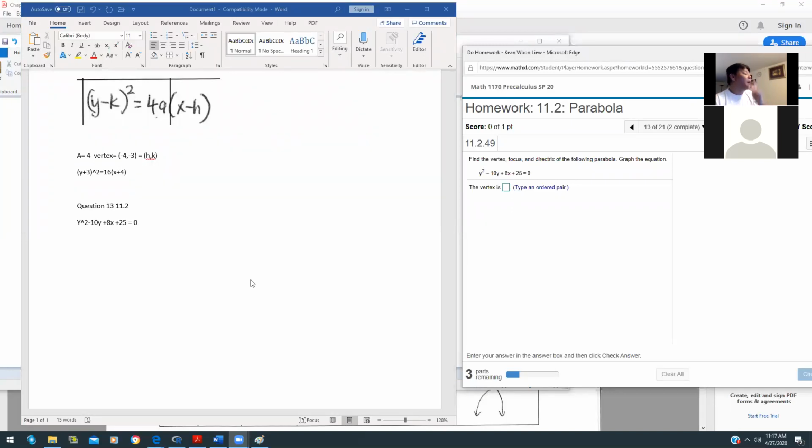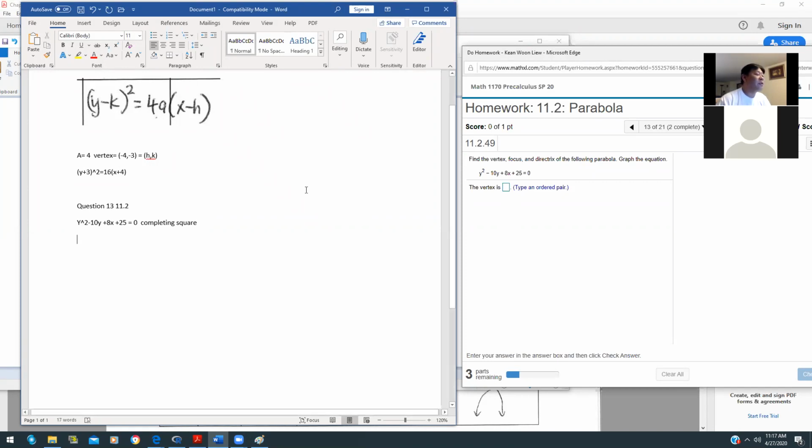So the first step to completing the square is you have to move all your variables, separate your variables. If you look at this, the y squared pops up, but your x doesn't have a square, so we know this is going to be a parabola.